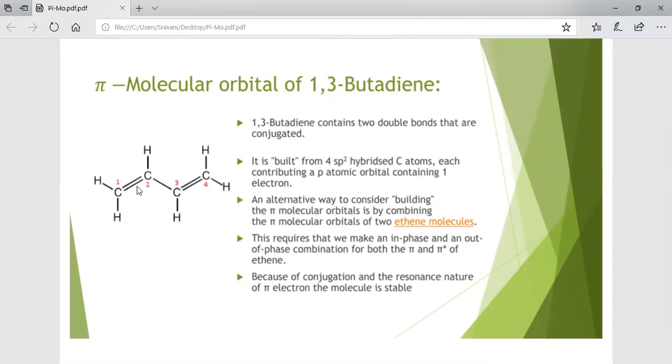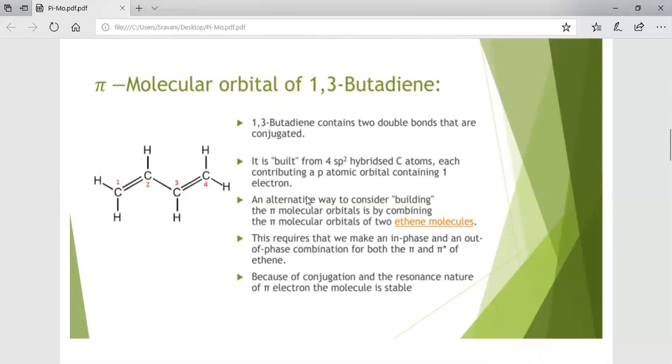They will go on resonance to attain stability, to increase the stability of the molecule. Due to the resonance and the presence of conjugated double bonds, this molecule is highly stable. As I already mentioned, it is built up of 4 sp2 hybridized carbon atoms, and each p orbital is associated with 1 electron each.